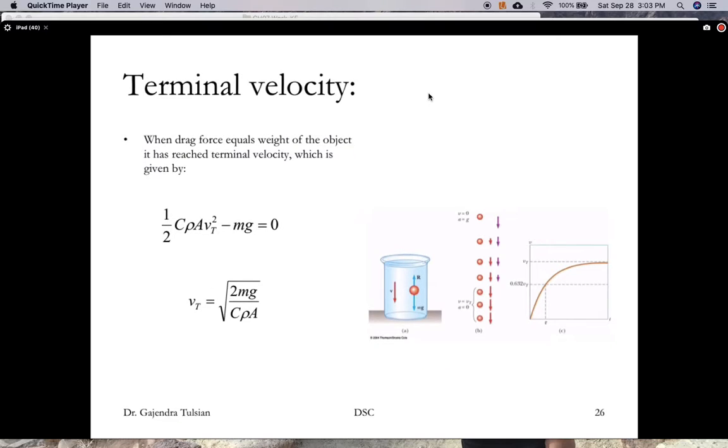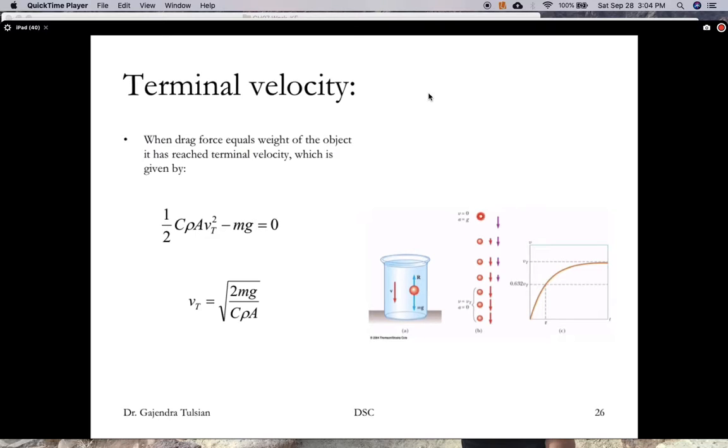Now, what this diagram is showing you is that when an object is dropped, since the drag force is proportional to the speed, when you first drop it, the drag force is 0 and it accelerates downwards at g. As it gains speed, the drag force starts increasing and the acceleration starts decreasing.